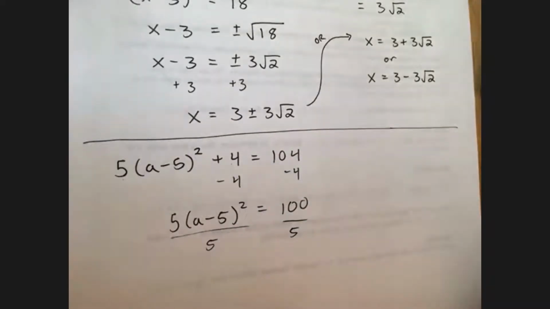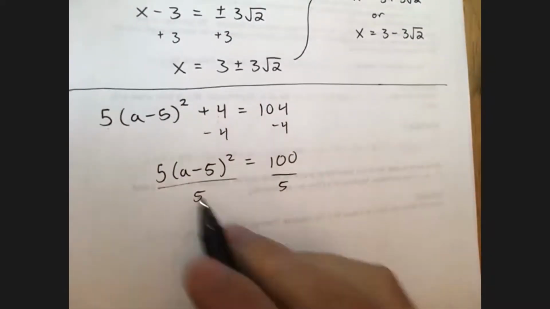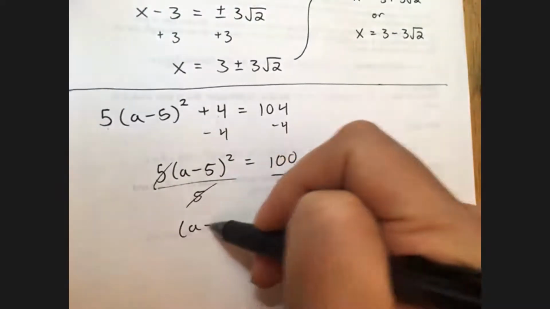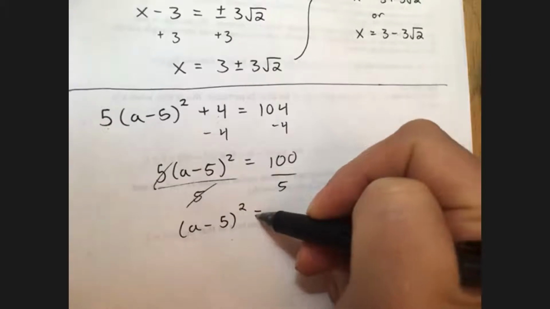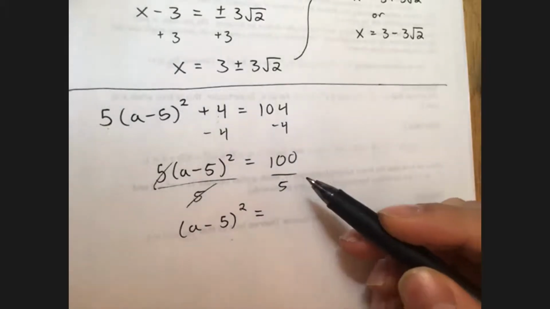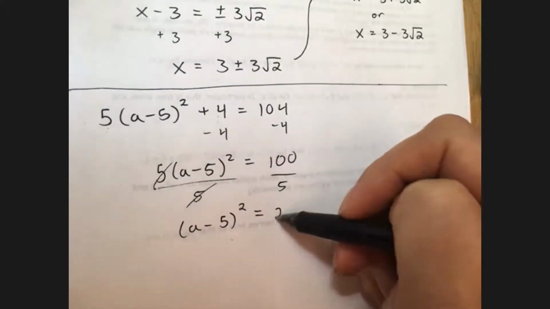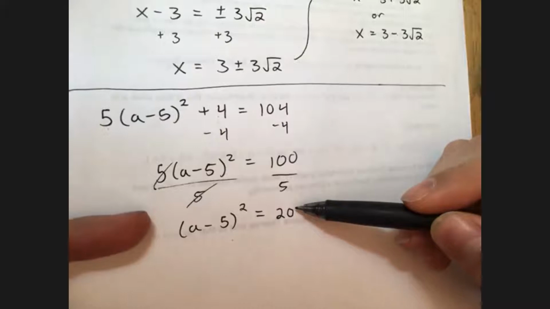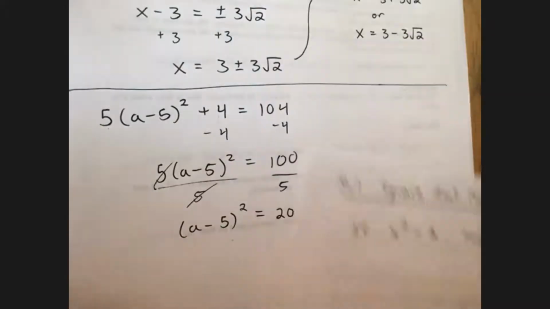Now's the right time to do it. And so if I divide by 5, they cancel here. What's 100 divided by 5? That is 20. Okay, great. In these two steps, I've gotten it down to the form that we need.